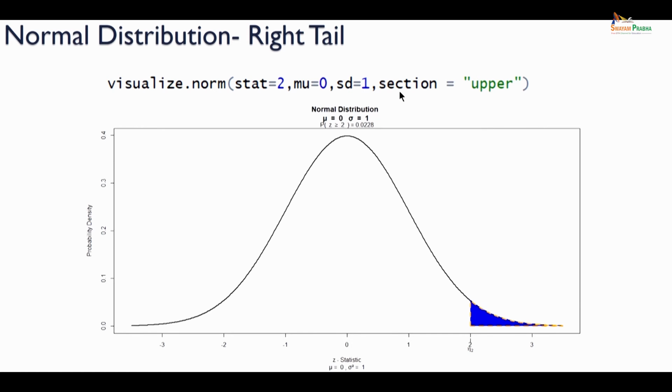Let us see how the plot looks. I have changed the section from lower to upper here. Even for this plot, I have maintained mean of 0 and the standard deviation of 1. Here you can see the area is highlighted. This is the area that corresponds to a stat value of greater than equal to 2.